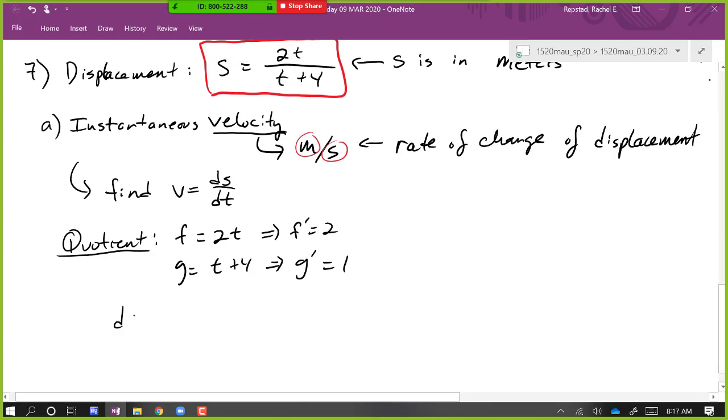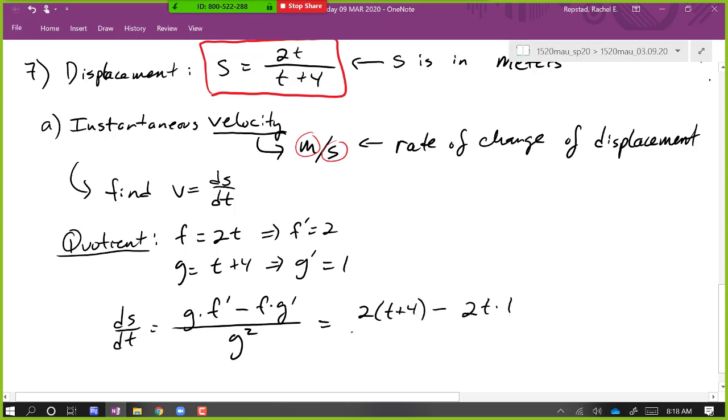So ds dt is g times f prime minus f times g prime all over g squared. So that is g times f prime, 2 times t plus 4, minus f times g prime, 2t times 1, all over t plus 4 squared.